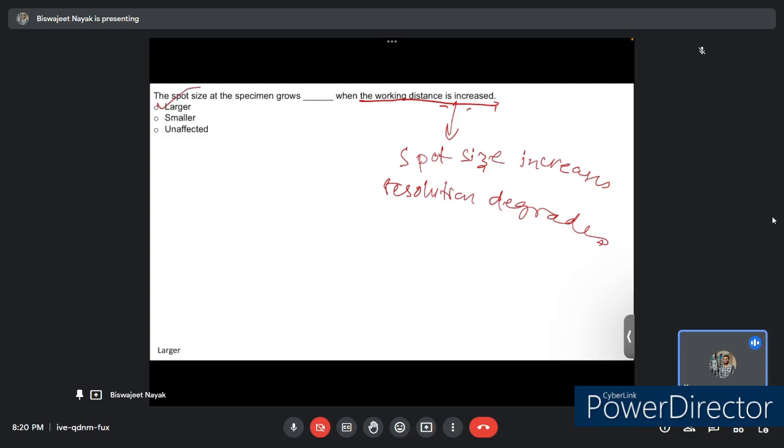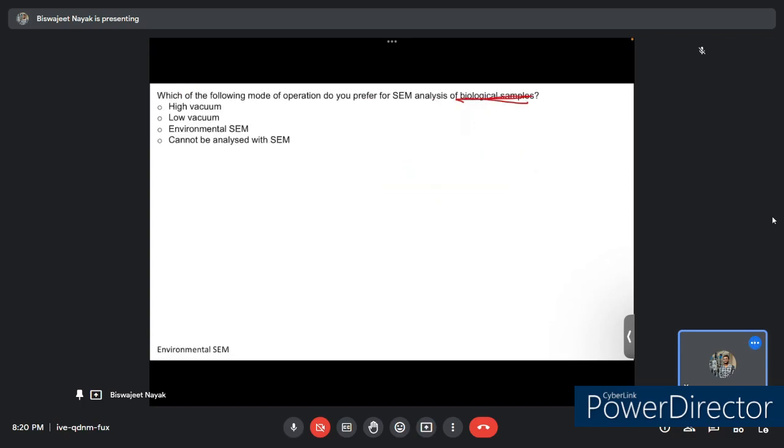Which of the following modes of operation do you prefer for SEM analysis of biological samples? For biological samples, we will use environmental SEM.